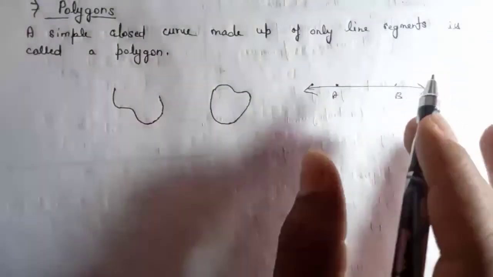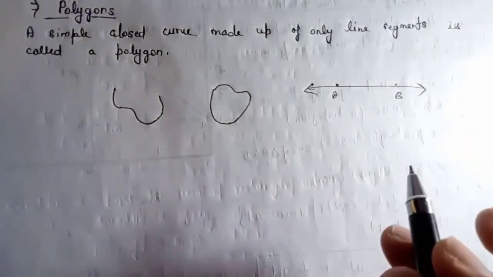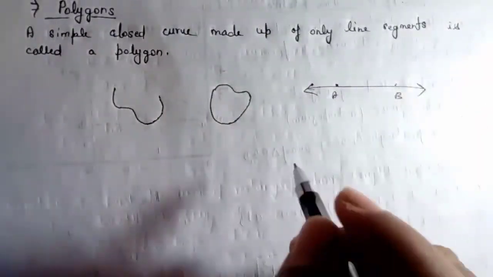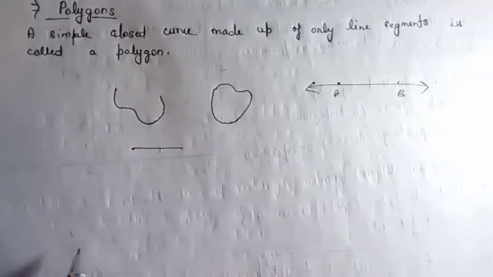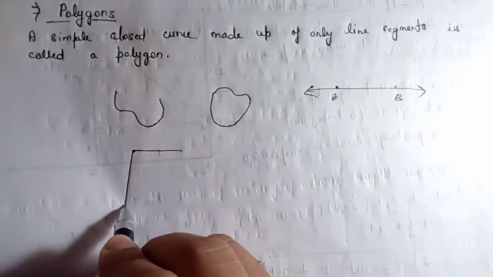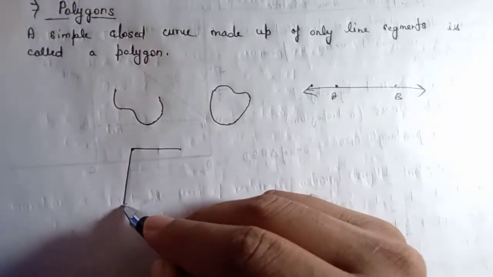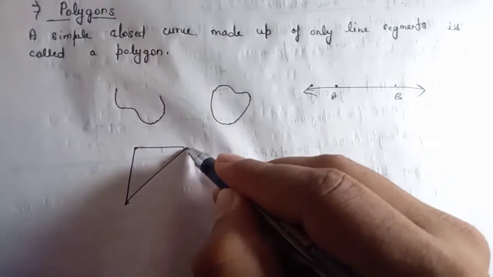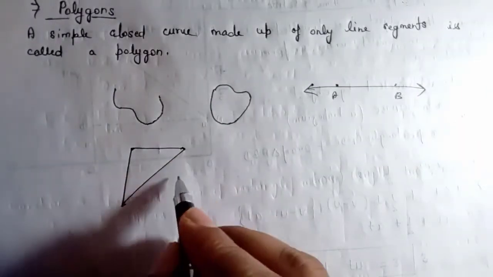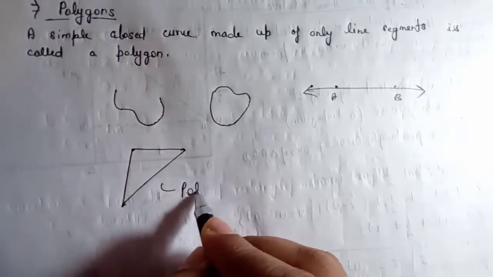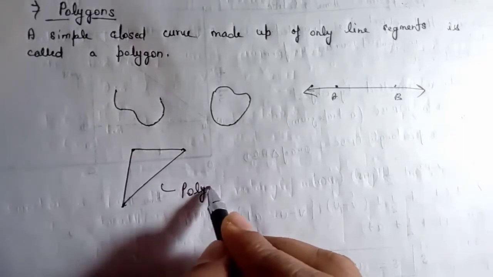So you can see a line segment follows the property of a line. It means it is also straight. So a curve which is made of line segments and which is closed is called a polygon.